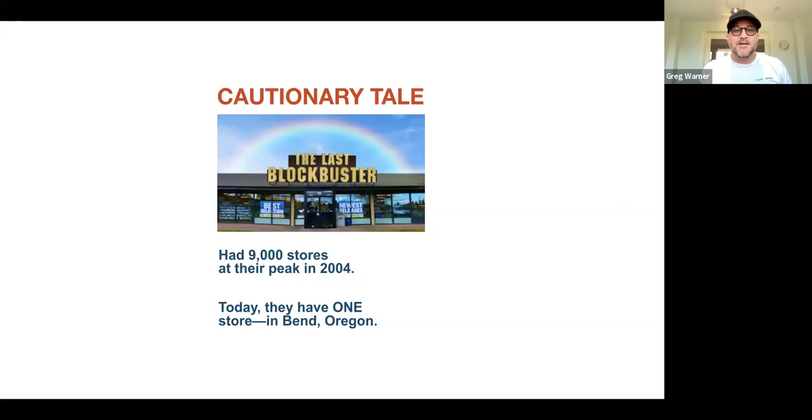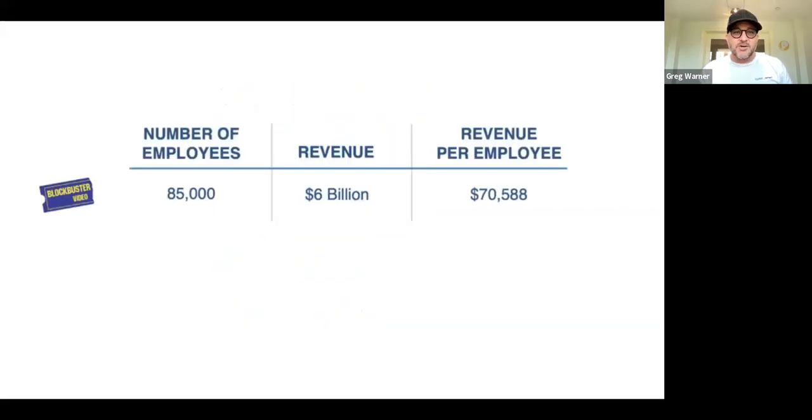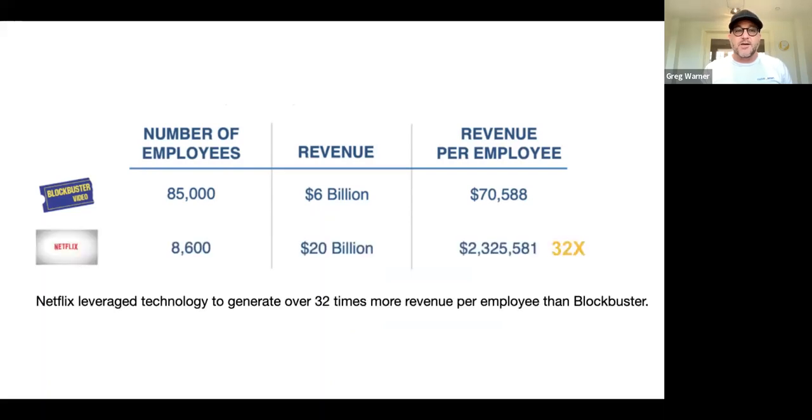It's a relic. But when you look at Blockbuster and the number of employees they had, I mean, a lot of employees, the revenue was $6 billion, and the revenue per employee, that's the key I want to look at, was $70,000 per employee. Now you look at Netflix fairly recently, they were at 8,600 employees, 20 billion in revenue.